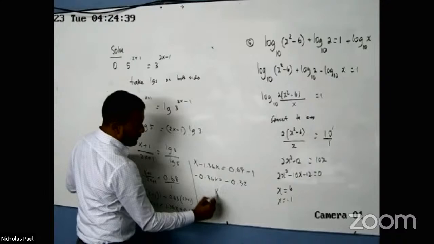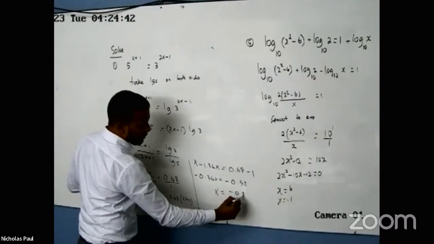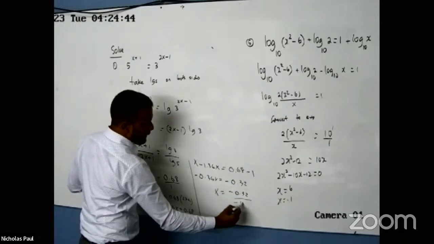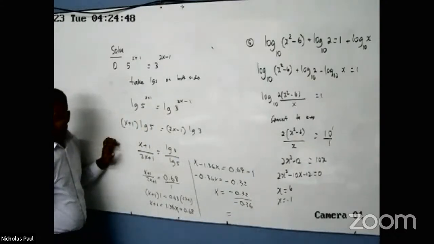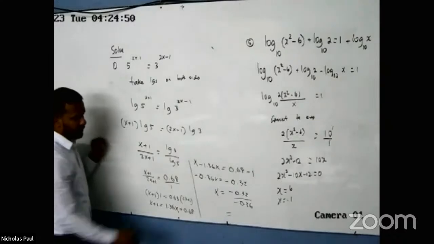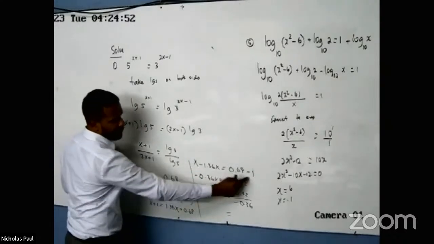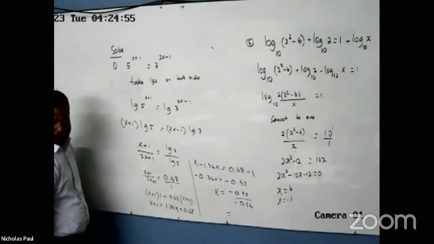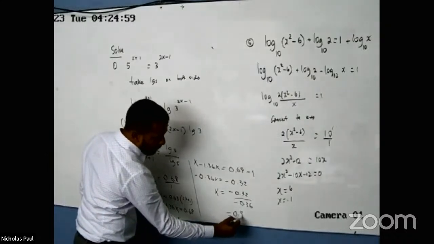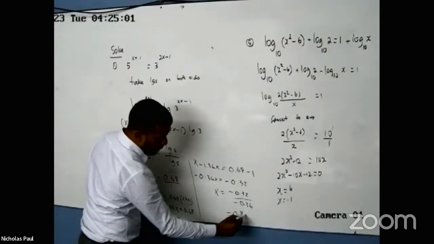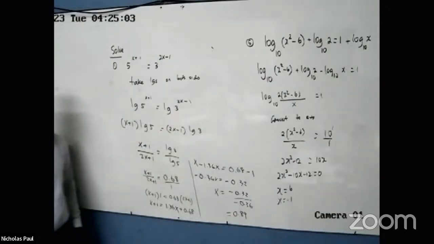So x is equal to minus 0.32 over minus 0.36. What's that? 0.89.